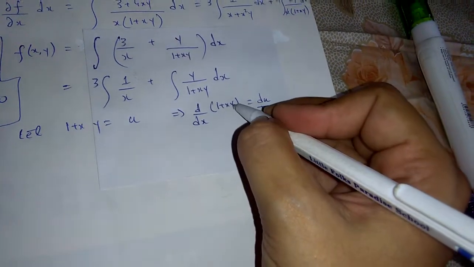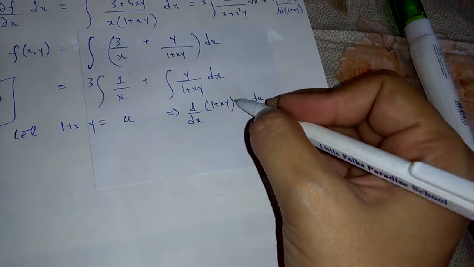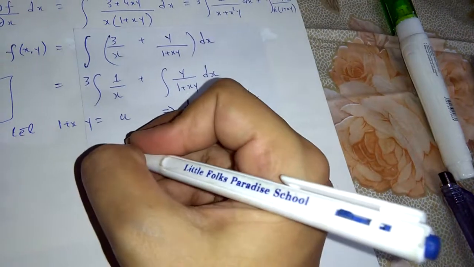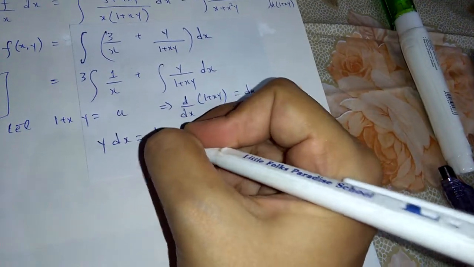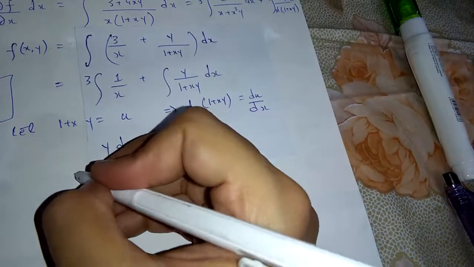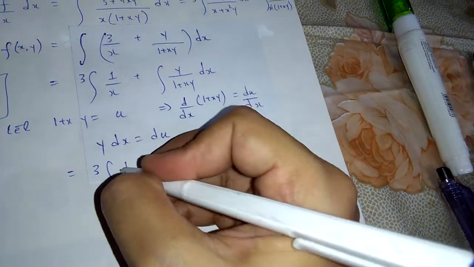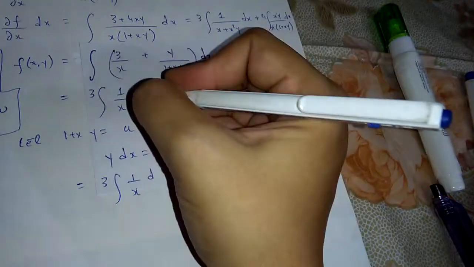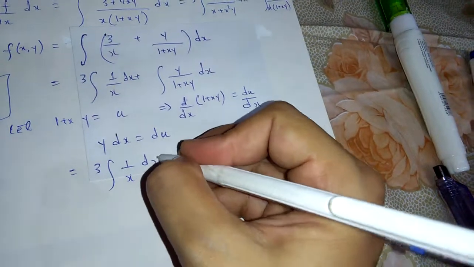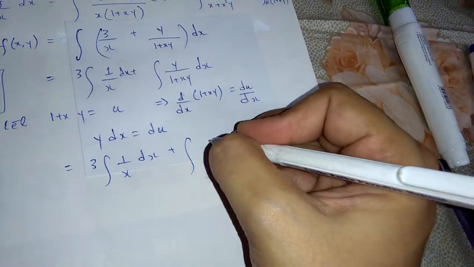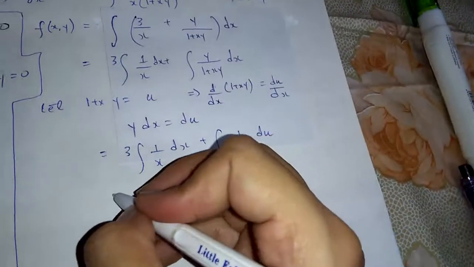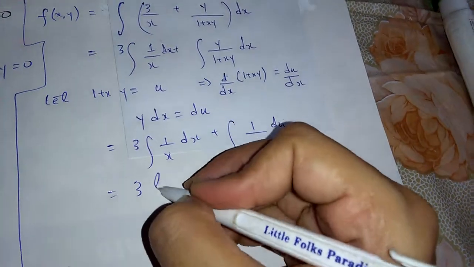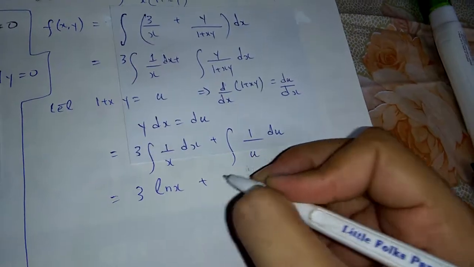I'm going to get y here times dx equals du. So y times dx equals du. All right, so it is going to give me 1 upon u du. So the answer that I'm going to get here is this.